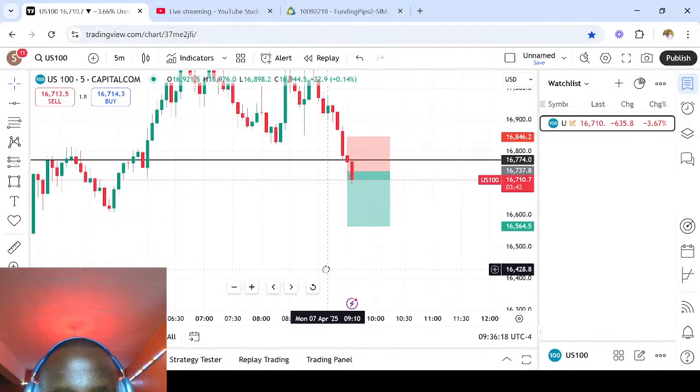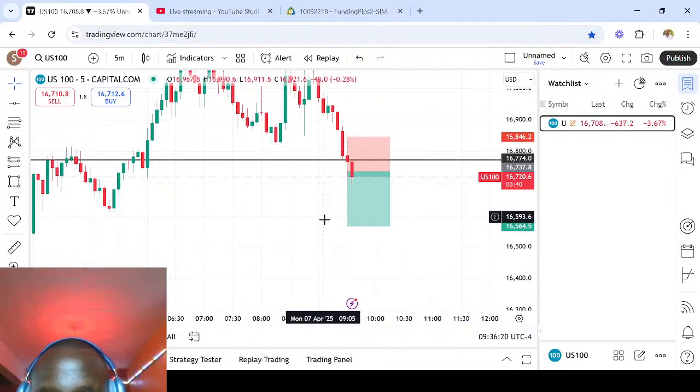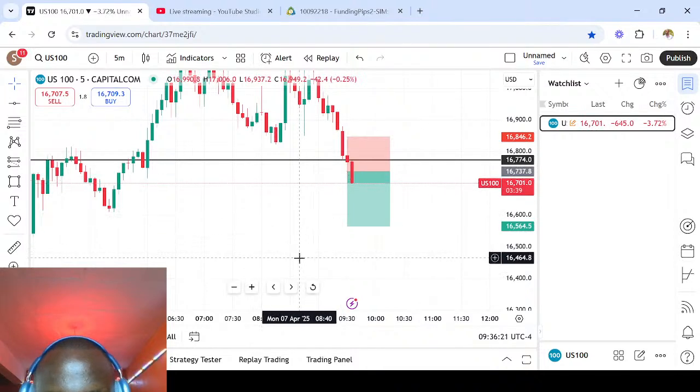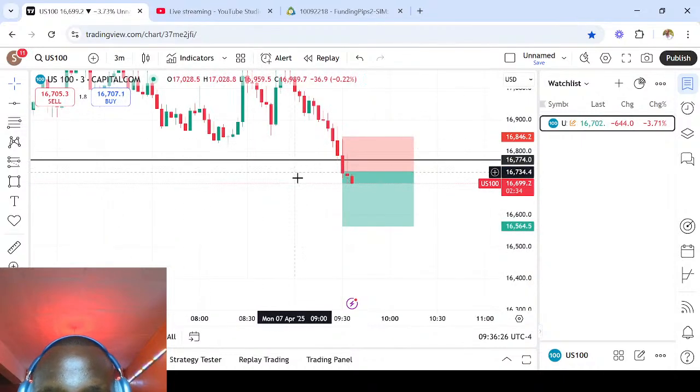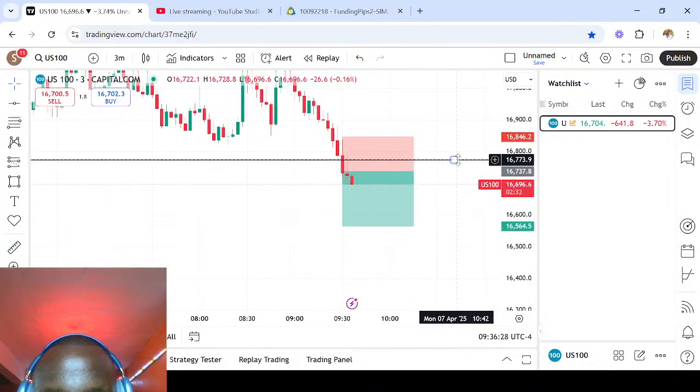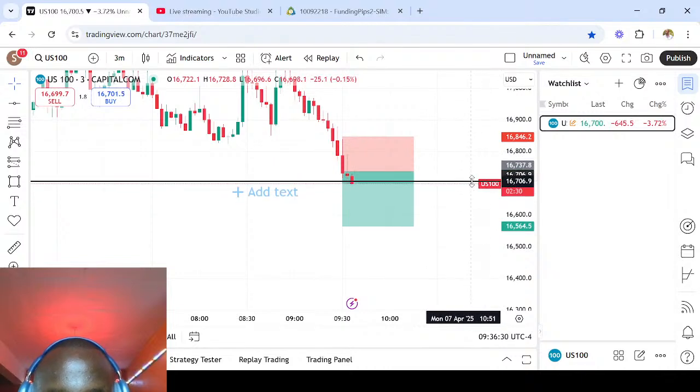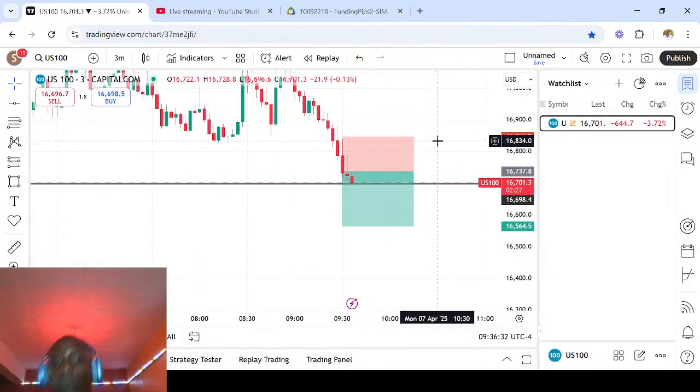So trade number 1, we are looking to sell. Let's wait and see. We are on the 3 minute. No nonsense. If we close below this candle, then we are looking nice.